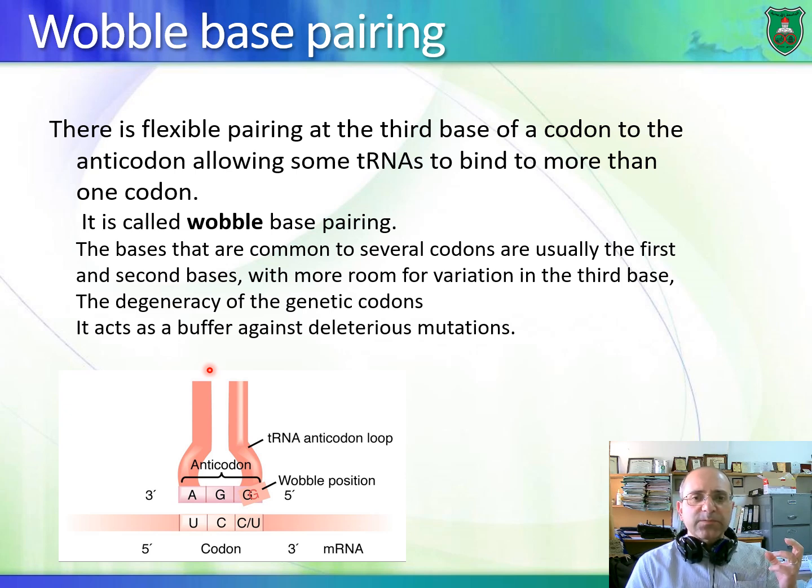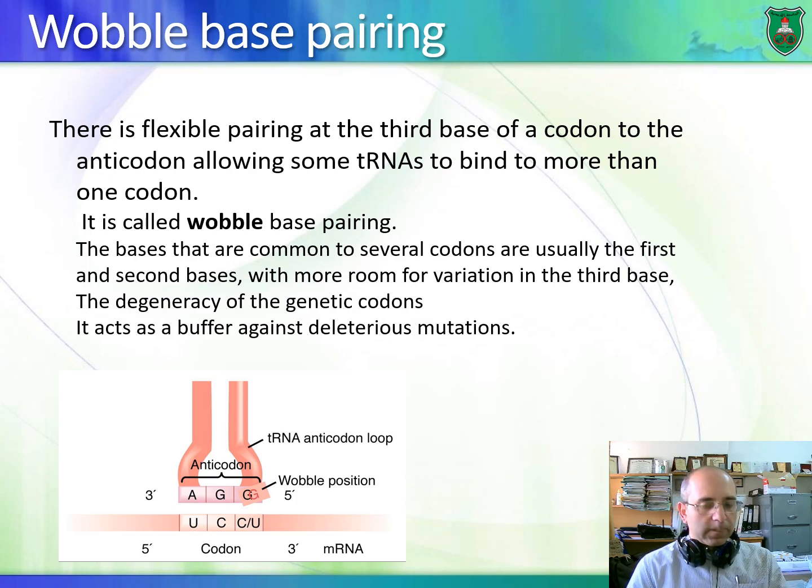Basically, the base pairing between the codon and the anticodon is not very specific when it comes to the third nucleotide of a codon, and it is related to the degeneracy of the genetic codon. Degeneracy means that you have some level of looseness between codons and anticodons.